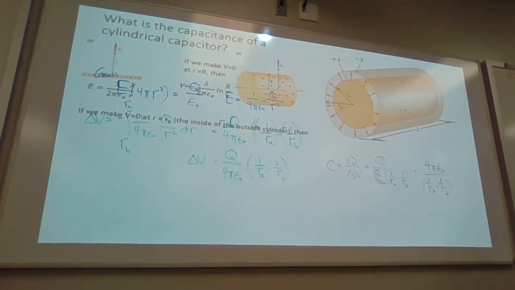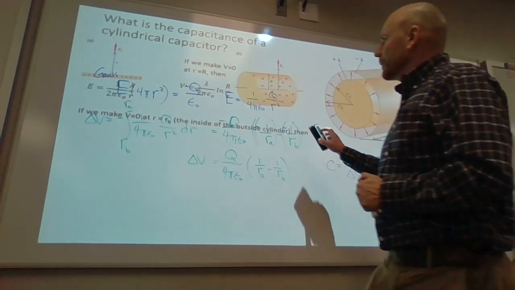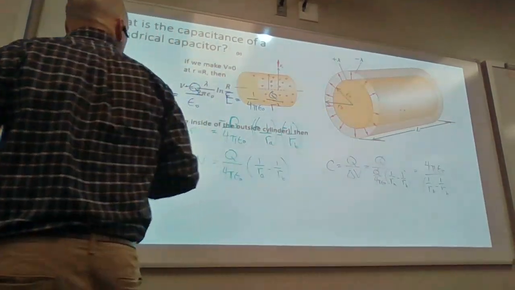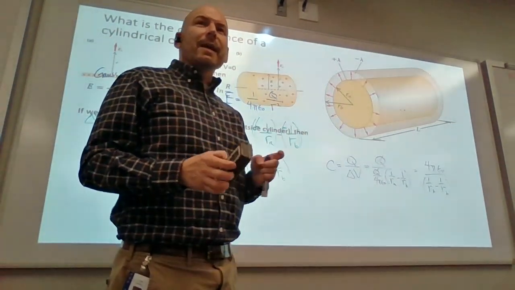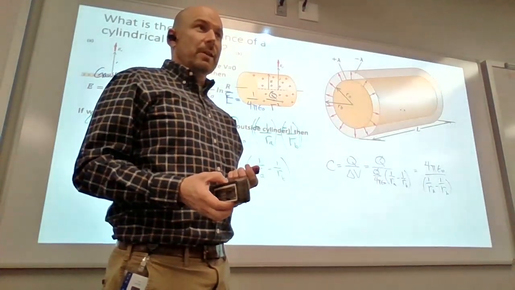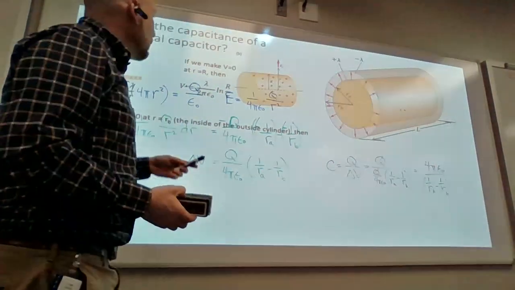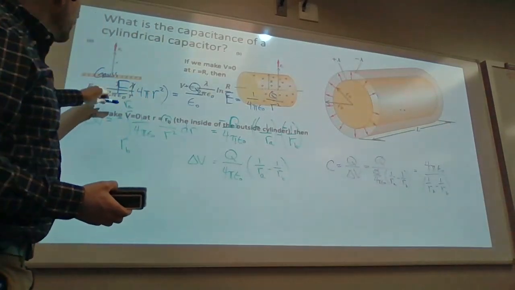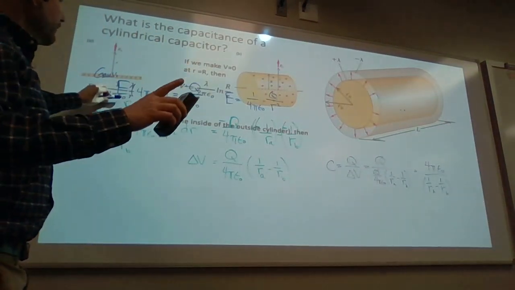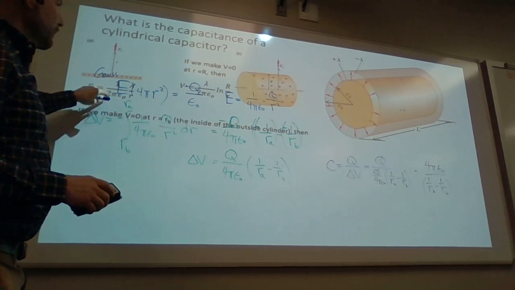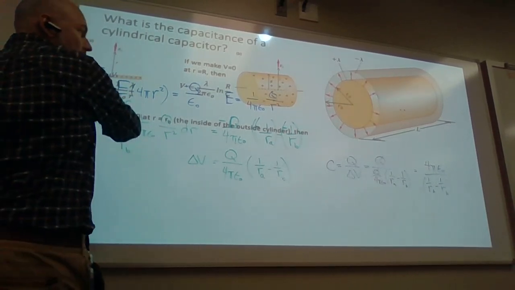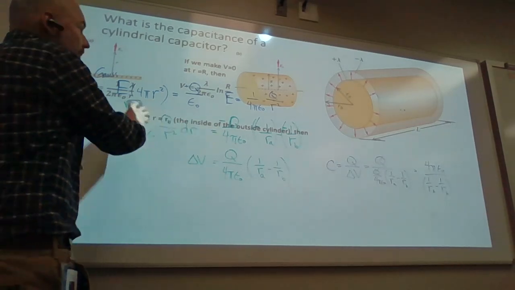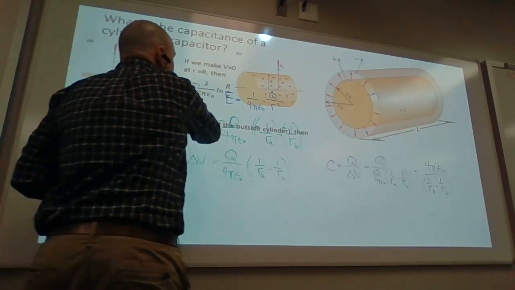All right. So for this, we're going to do the exact same procedure, same thought process. We have already figured out the expression for the electric field. I'm going to erase all this. Are we okay with that? Okay.